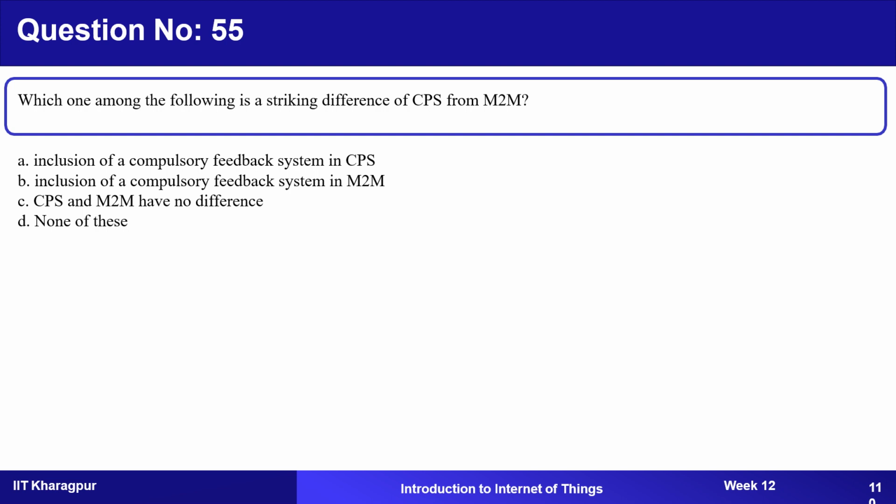I think it is A. Compulsory feedback in CPS, not sure though. I think, ma'am, option B. In M2M there is no feedback. It's not compulsory, or is it? Anyone else?